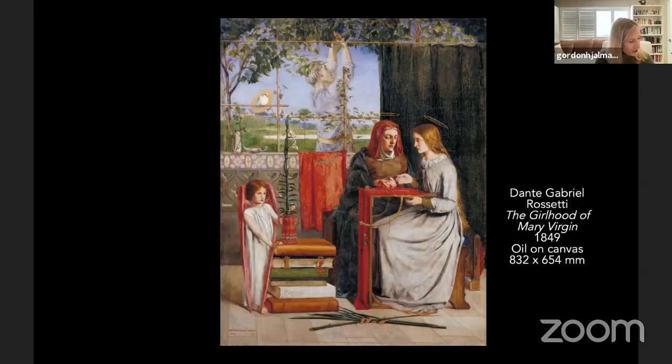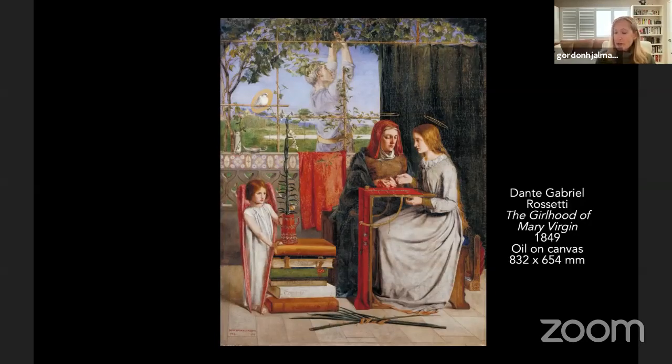Now, this is very unusual in that we have such a realistic depiction of Mary being taught to embroider by her mother Anne. And many people really didn't take to this Pre-Raphaelite style until Charles Dickens started to criticize them, and then they began to get some notoriety, and subsequently became more popular.